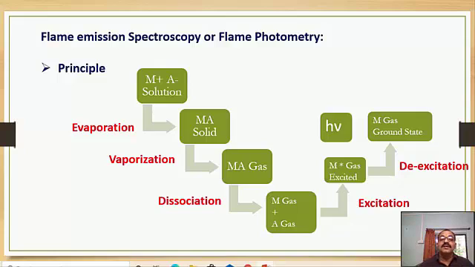These gaseous metal atoms gain thermal energy from the flame and undergo excitation to excited gaseous metal atoms. Highly unstable excited gaseous metal atoms come back to the ground state, emitting quanta. So these are the four events which occur when an aqueous solution of a metal salt is introduced into the flame.